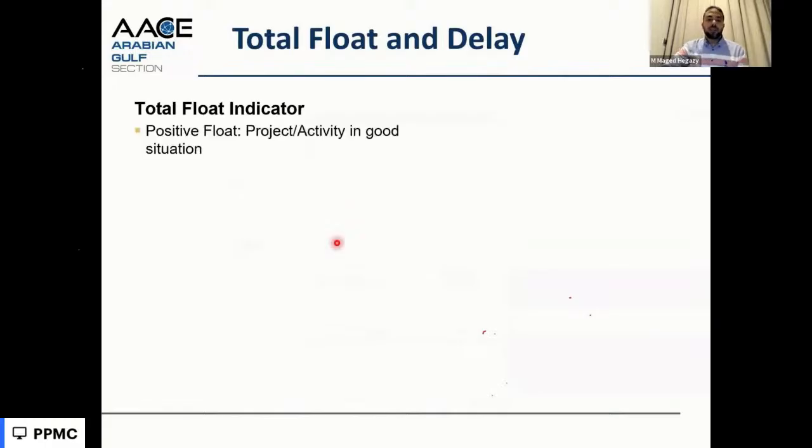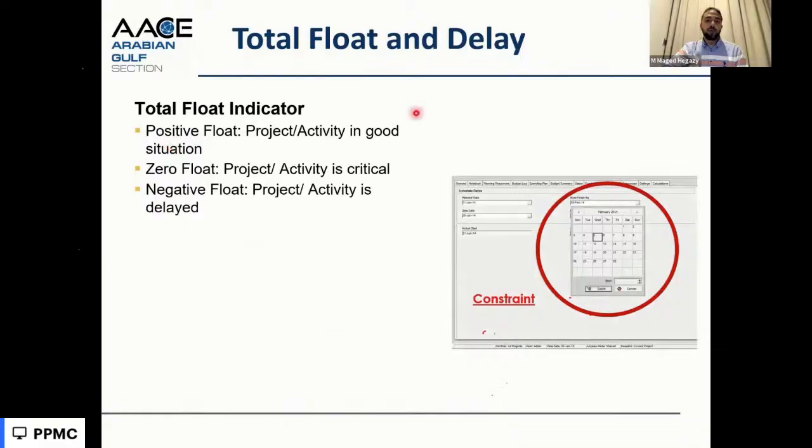Then after this calculation, we have a total float, as we said, which can be positive if the activities can be delayed. If we are updating the program and we are ahead of schedule, we can have the full project with positive total float, in a good situation, completing before the contractual completion date, or zero, or negative. We see negative float because the activities go beyond the constraints, and the main constraint is the completion of the project.